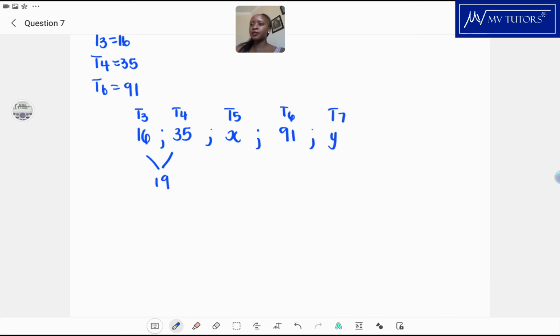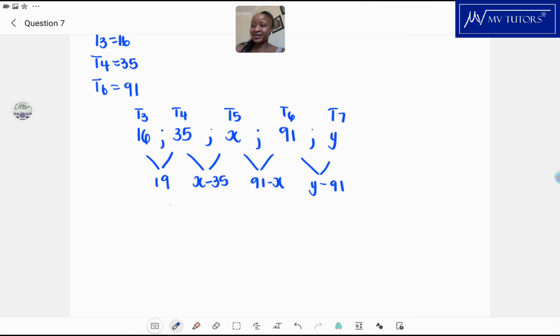Should you have a T2? I don't know, maybe not. And then that would be x minus 35. And that would be 91 minus x. And that would be y minus 91. Are we getting somewhere here?